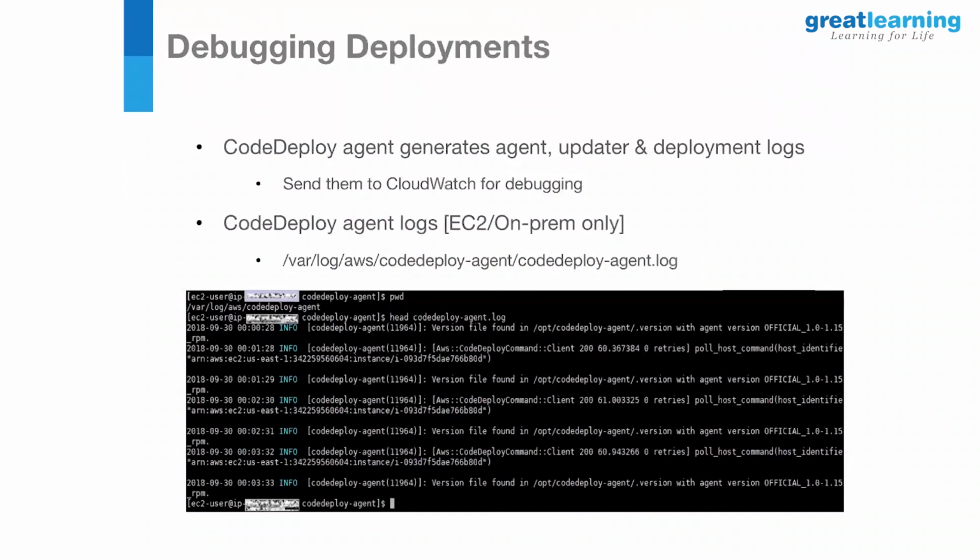The next one is, in case of failures, we need to debug or analyze why the deployment has failed and what went wrong. That's what we're going to see in debugging deployments. We all know that AWS CodeDeploy helps users deploy software to a fleet of Amazon EC2 instances or on-premise instances.